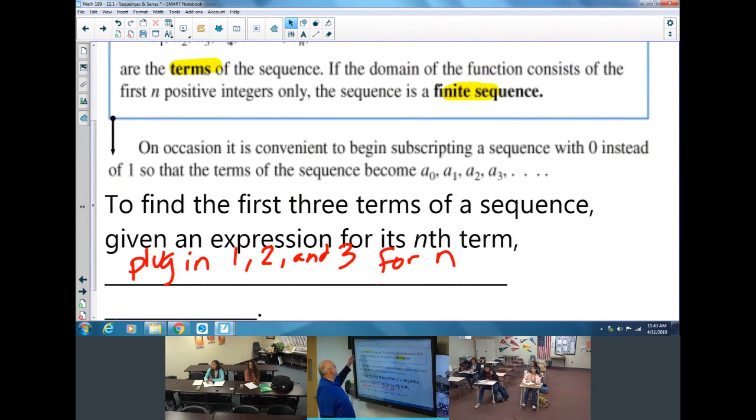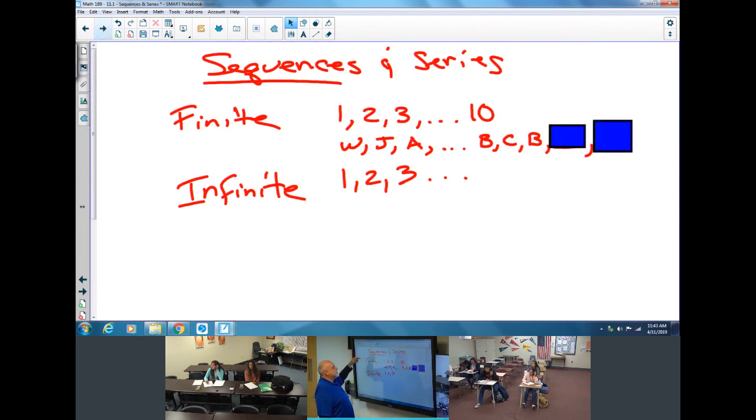So here, this is a finite sequence because even though it has dots, it ends at 10. So this is just a way of skipping. Again, this is a finite sequence because the dots are in the middle. This is an infinite sequence because the dots are at the end.